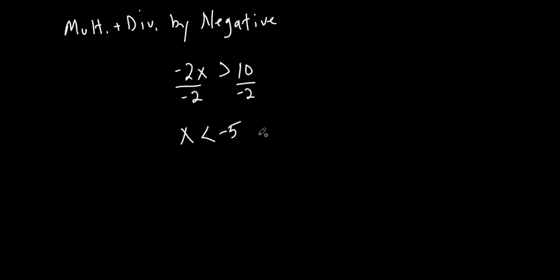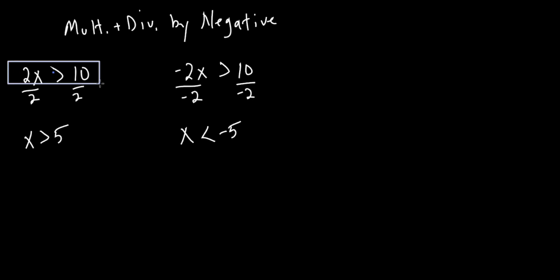Let's think about that for a second. Let's put both of them down, but let's make this one positive. What would you do here? This is all positive. Divide by 2, divide by 2. So x is greater than what? 5. Everybody see that? But this one, we changed it. Let's see if it really works. Remember what we're putting it into? This original inequality right there.